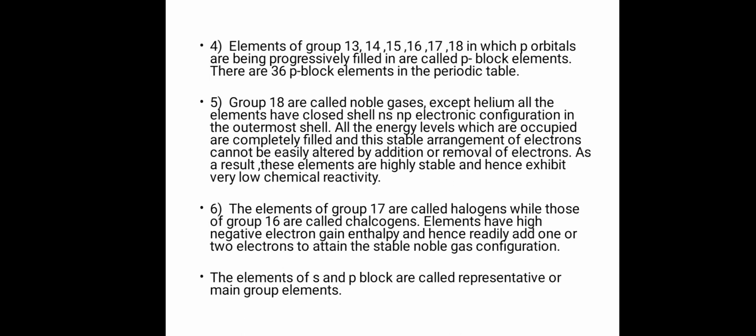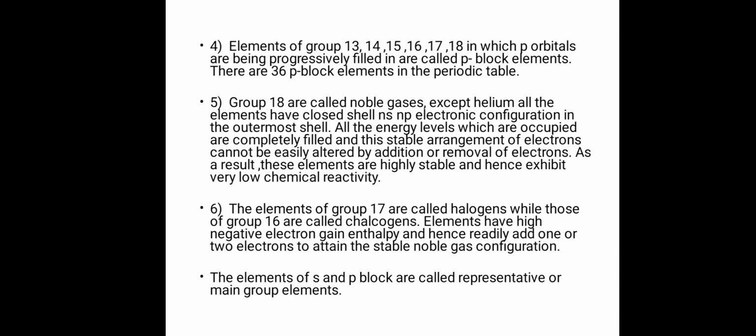The elements of groups 13, 14, 15, 16, 17 and 18, in which p orbitals are being progressively filled, are the p block elements. There are totally 36 p block elements in the periodic table. Group 18 elements are called noble gases. All the elements have closed shell ns and np, so they have filled configurations.